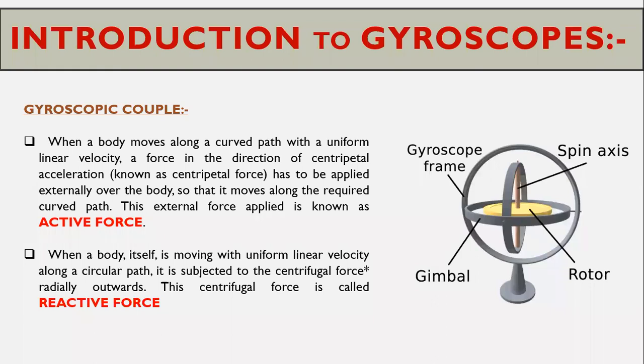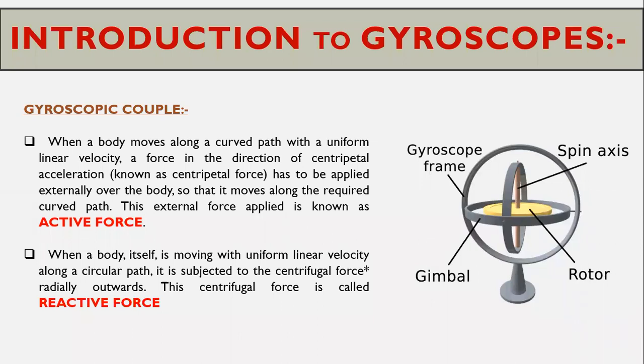This external force applied is known as the active force, and in opposition to it there is another force also. When a body is moving with uniform linear velocity along a circular path, it is subjected to the centrifugal force, radially outward in direction.